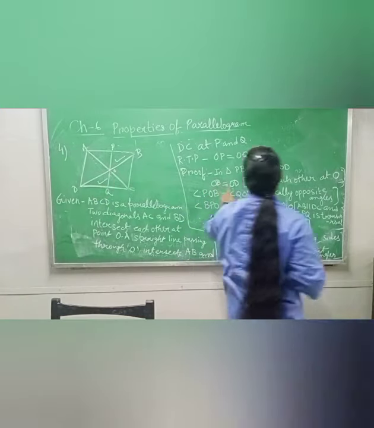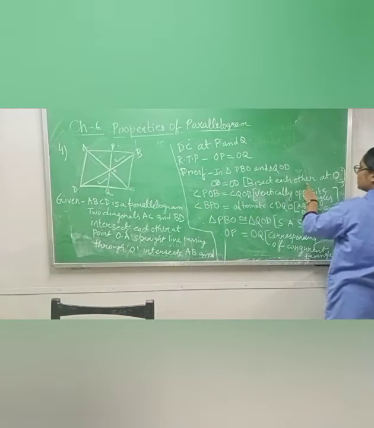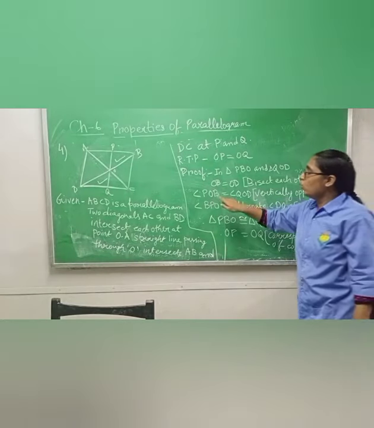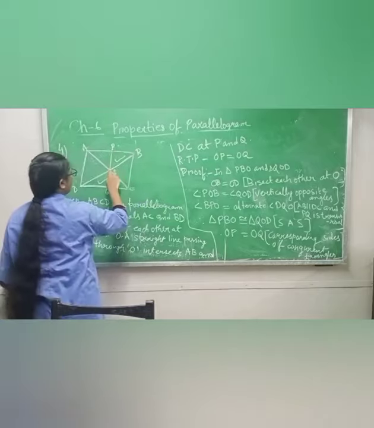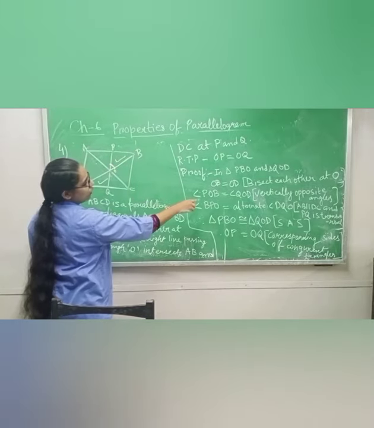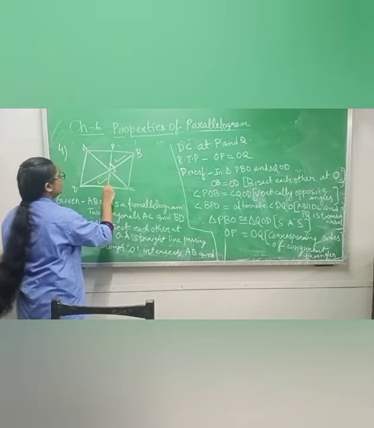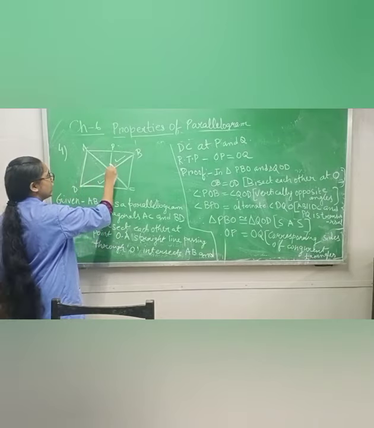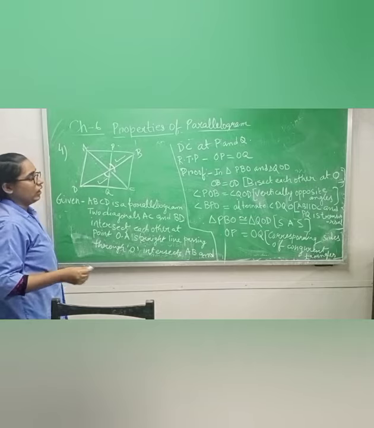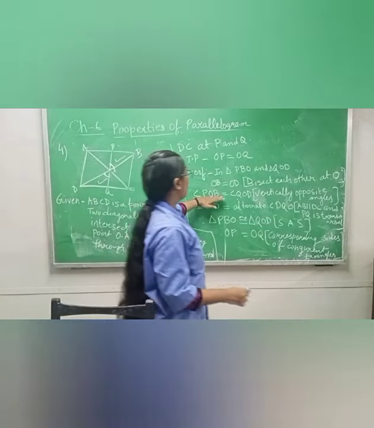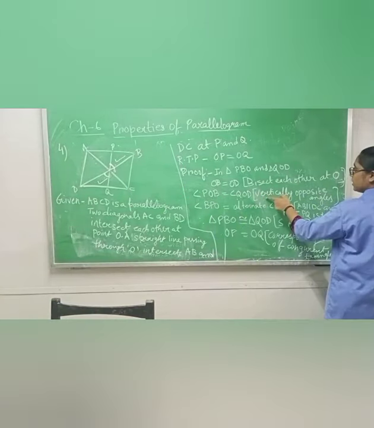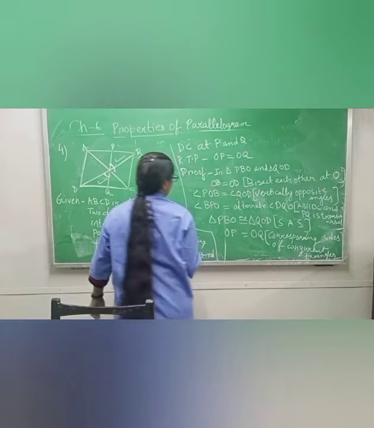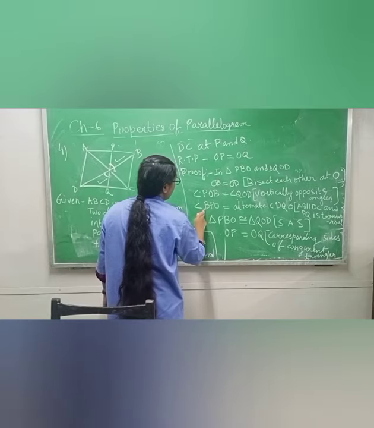That is why I have written OB equals OD, they bisect each other at O. Now angle POB is equal to angle QOD, this angle. Vertically opposite angles. So angle POB equals angle QOD. I have written the reason also: vertically opposite angles. Now one more angle will be equal. Which one? BPO.